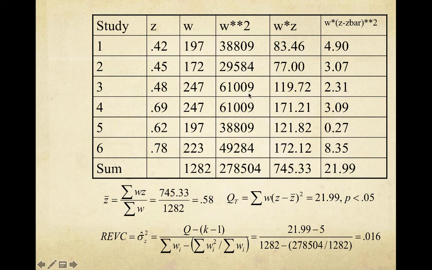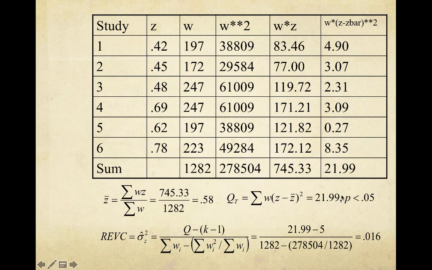Now if we subtract 0.58 from 0.42, square that, and multiply it by the weight, we get 4.9. We add those up, we get 21.99. So that's our value of Q, our weighted sum of squares.